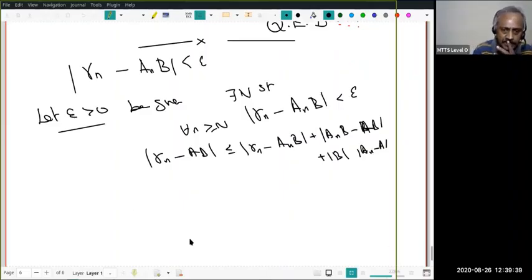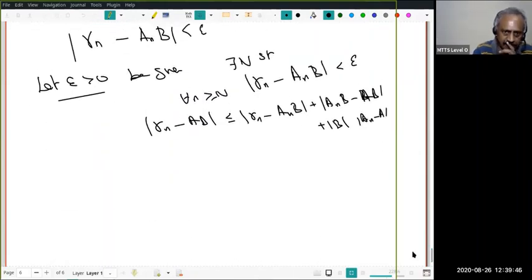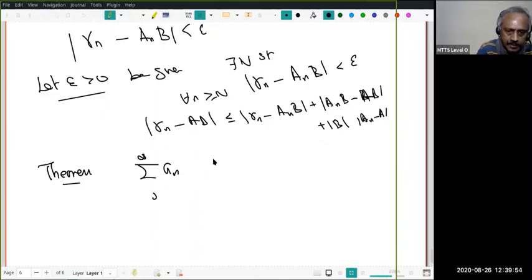Okay. So epsilon. So I have to choose capital N. So what are the things which go? Right. The first thing is, as I said, now let's write the theorem so that we will know. Let summation a_n, 0 to infinity, and summation b_n be convergent series. Assume one of them is, assume mod a_n is convergent.